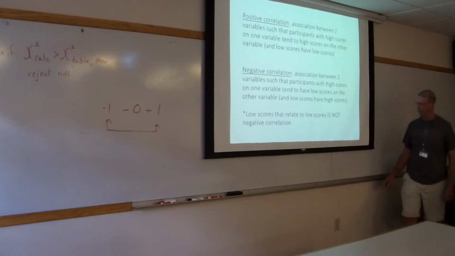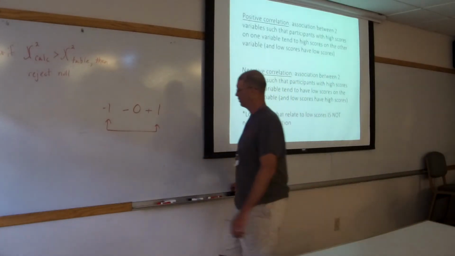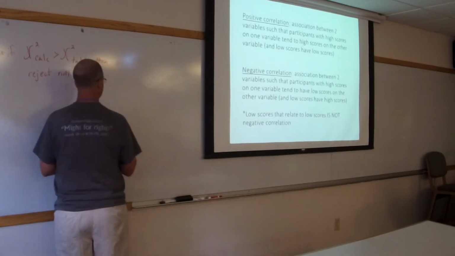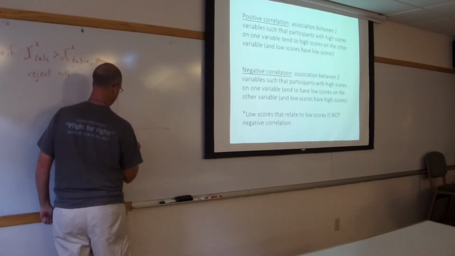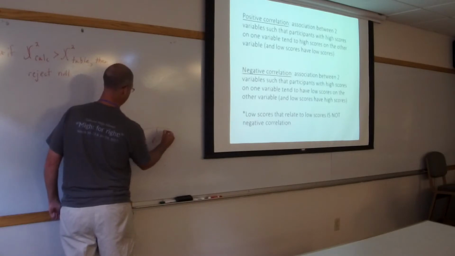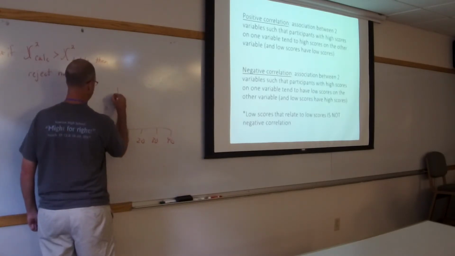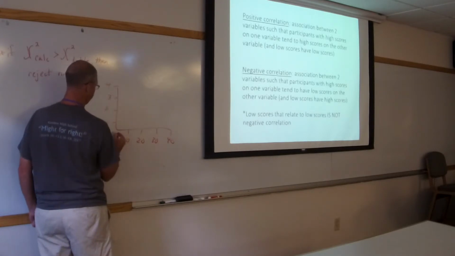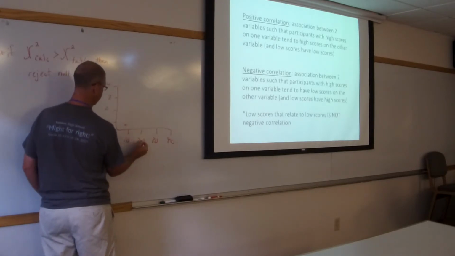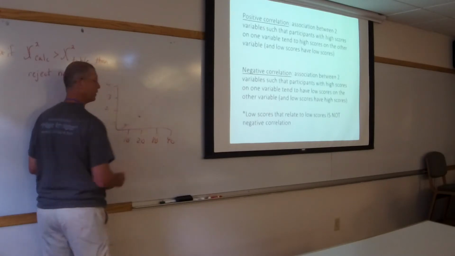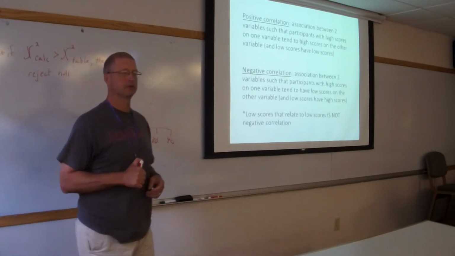Because if you think of a picture, if we just take any two variables, we don't even have to know what they are. But if you get a low score related to, as this goes up, low score, that's actually positive correlation.